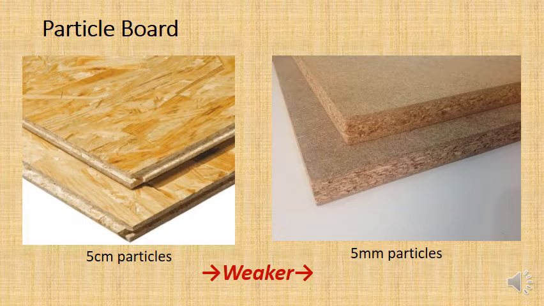And the particle board on the right has an average particle size of 5 millimeters in length. And so it looks a bit different, doesn't it? Like you can see all the individual grains of the particles in the 5 centimeter particle board. What you need to know is that the smaller the particle size, the weaker the particle board. Also, generally, the cheaper the particle board too.